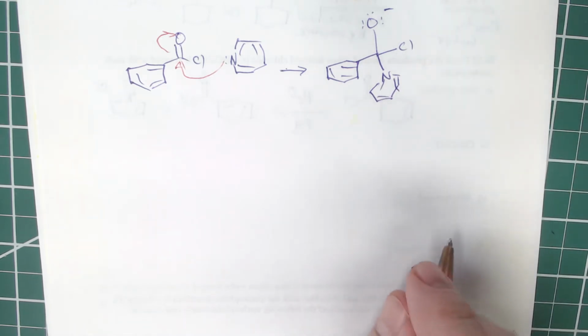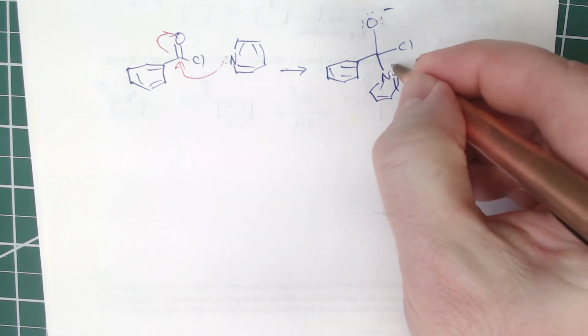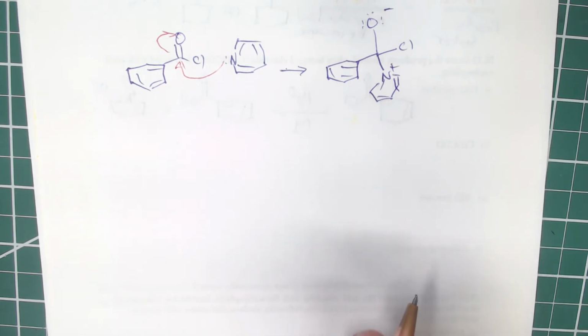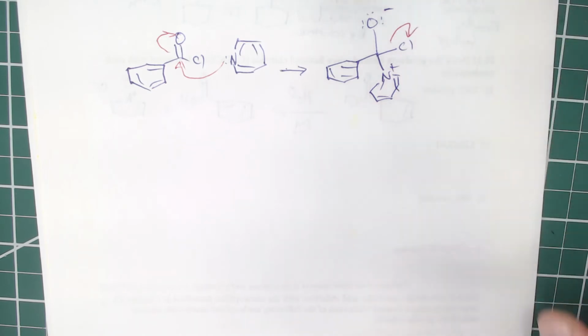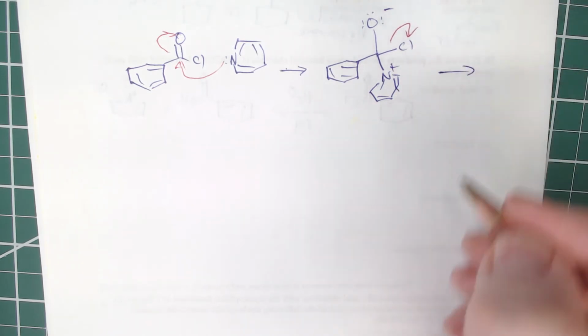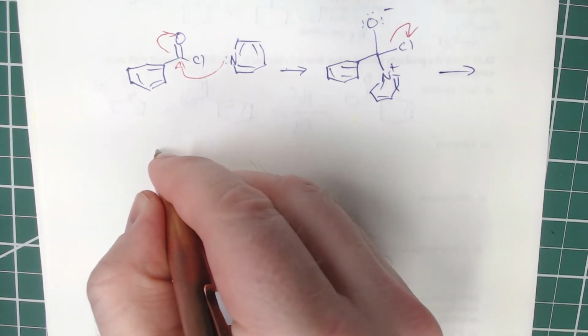All right. So we'll have this. Oh, and that has a positive charge there. And that can lose the chloride. And when it does, we will end up with this.